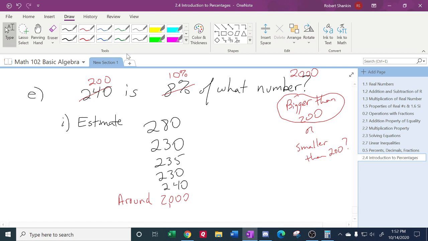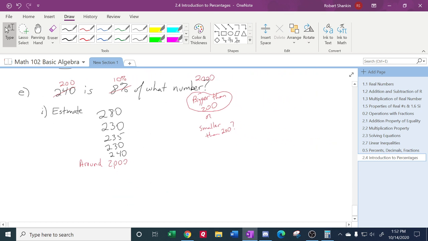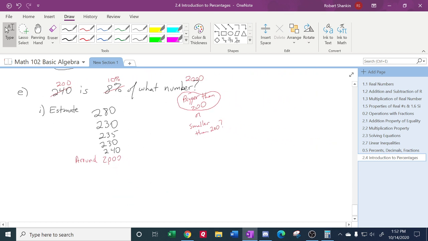All right. Now, the next thing I want you to do is to write your equation for this. So we're going back to 240 and 8%, so ignore my red marks there. 240 is 8% of the right number. Write the equation and then solve the equation to get your answer.